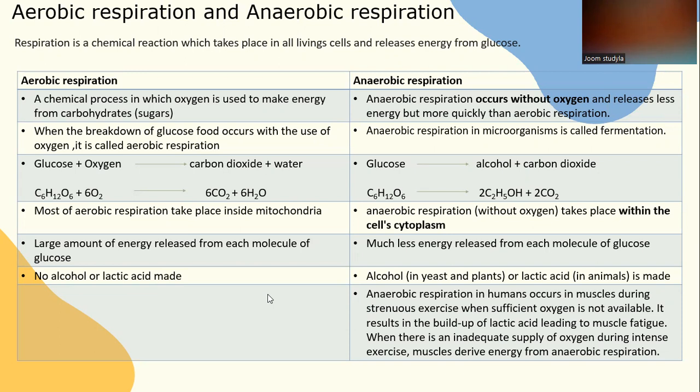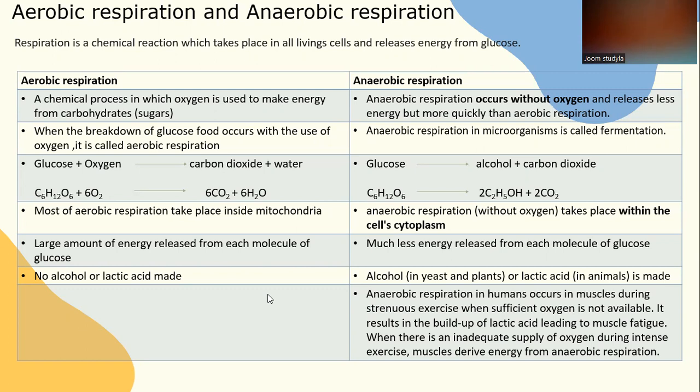The differences between anaerobic and aerobic respiration: aerobic respiration is a chemical process in which oxygen is used to make energy from carbohydrate or sugar, whereas anaerobic respiration occurs without oxygen and releases less energy, but more quickly than aerobic respiration.